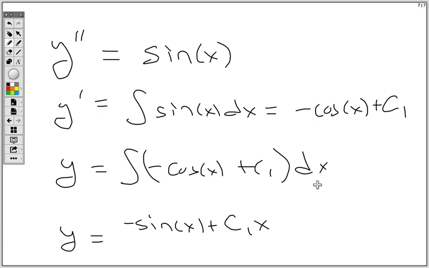But then, since we've integrated twice, I'm going to pick up another what? Constant. Okay. And since we've done successive integrations, you can't really combine these constants, right? They're not like terms or anything. The C1 came from the first integration. The C2 came from the second integration.